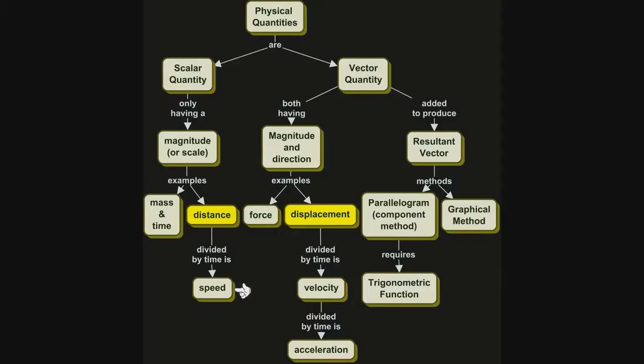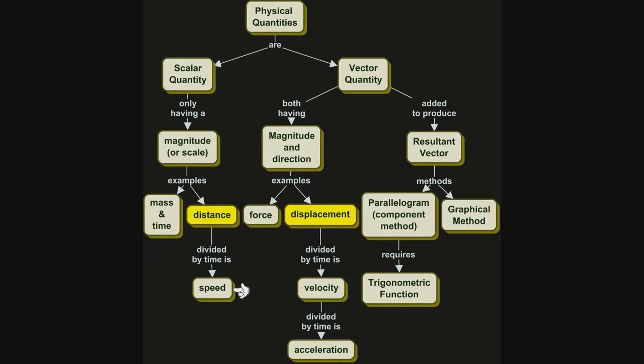Now if we divide the value of the distance by the time, we get a new formula which is called speed. So speed is also a scalar quantity. The vector quantity equivalent for speed is velocity.